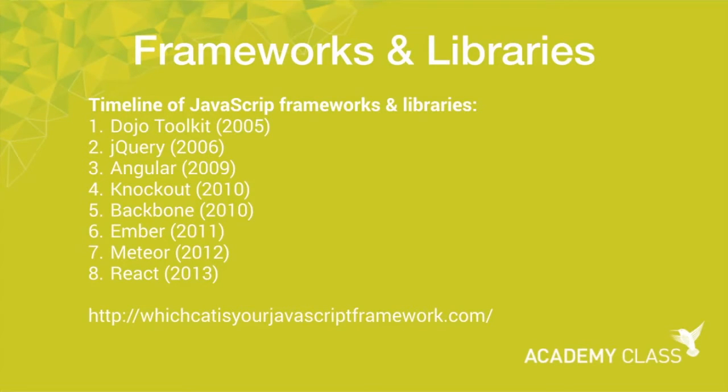It wasn't immediately as popular as it is today. However, we can realize that it's quite an old web development framework. Knockout and Backbone were both developed in 2010, followed by Ember in 2011, Meteor in 2012, and React in 2013.